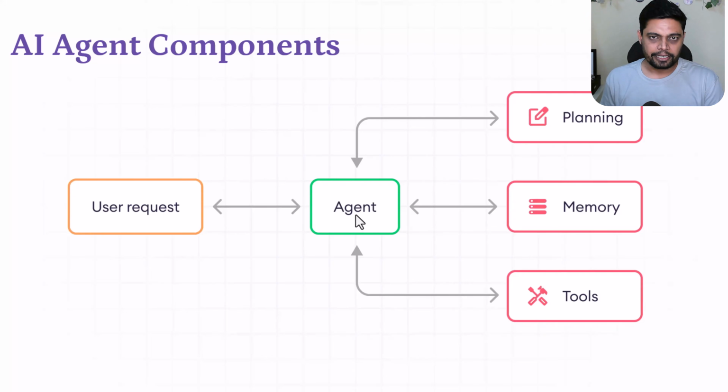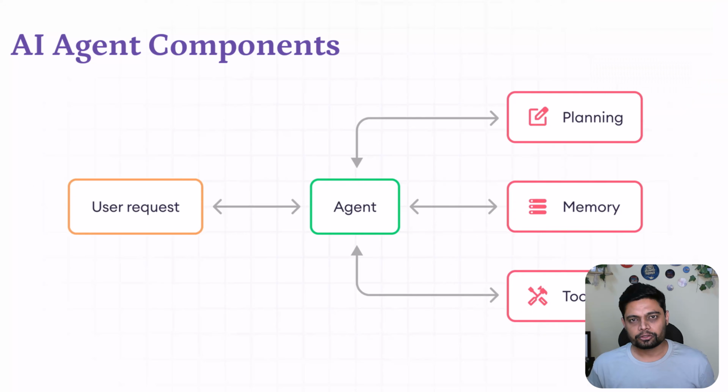One of the models it can use can be a reasoning model or a response model, depending on the use case. Then the agent can plan and act upon the goal that it has, it can have access to memory, and you can give it exposure to tools. This is how an AI agent generally looks, and these are the components within an AI agent.